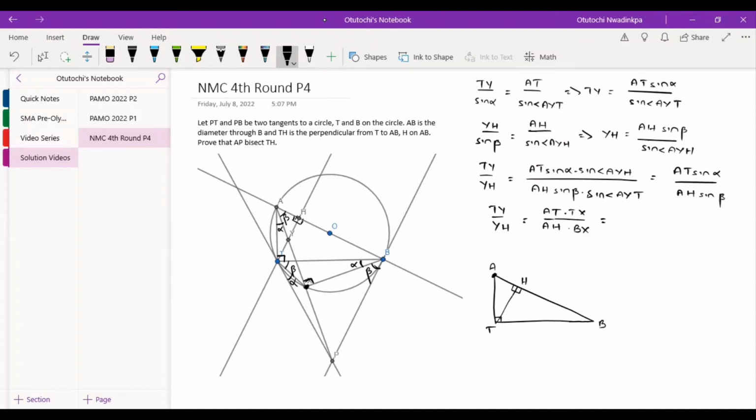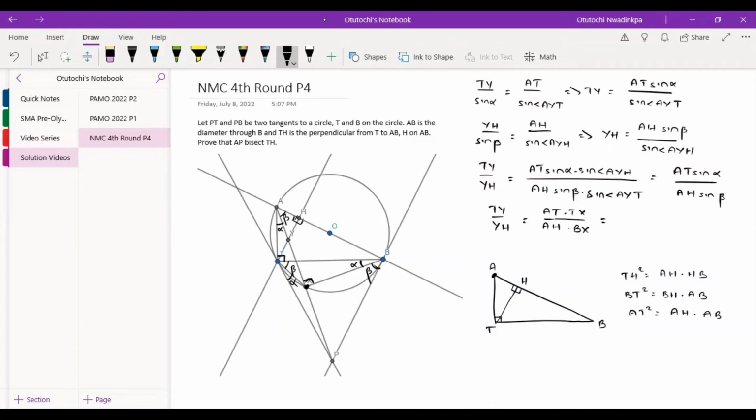So Euler's theorem is telling us that TH squared is equal to AH times HB, BT squared is equal to BH times AB, and AT squared is equal to AH times AB. This is what Euler's theorem is telling us.